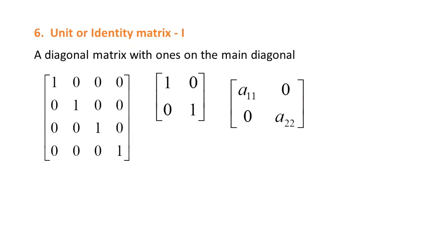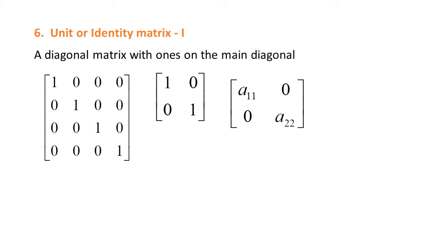The sixth one is a unit or identity matrix. So unit means one, identity means same. Okay, so now it is represented by I, capital I. A diagonal matrix with ones on the main diagonal is called as unit matrix or identity matrix.